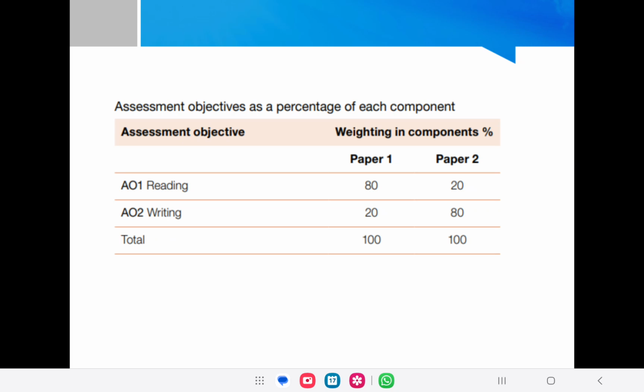So assessment objectives in reading paper are 80% reading and 20% writing. Now in writing paper, 80% weightage is given to the writing component, whereas 20% weightage has been given to the reading component also, and that is in the directed writing task.